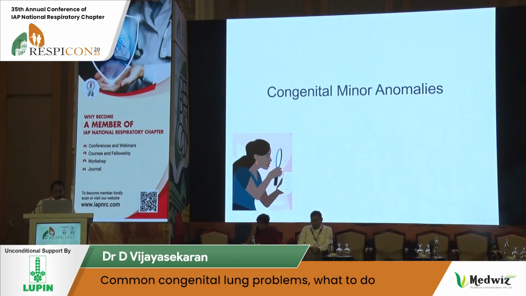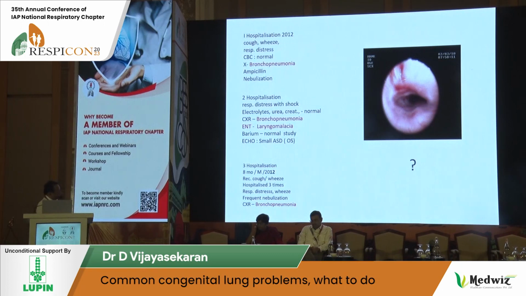Now I will show one or two minor anomalies. Can anybody say what this one is? It is not a normal trachea. Normally it's a C-shaped cartilage. These sorts of things are tracheomalacia. It's a very common one.